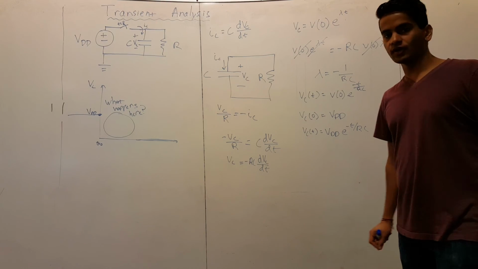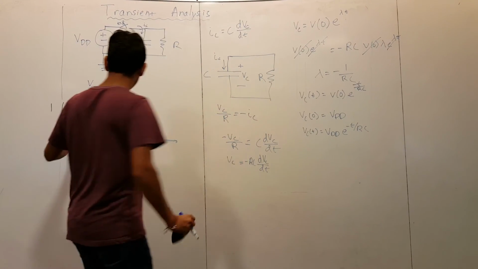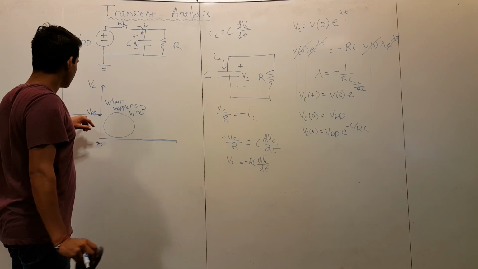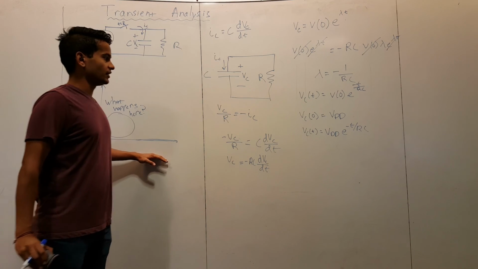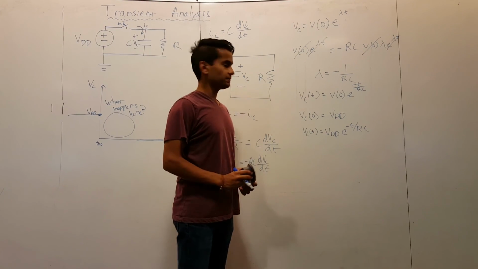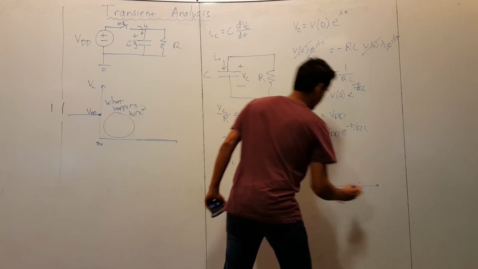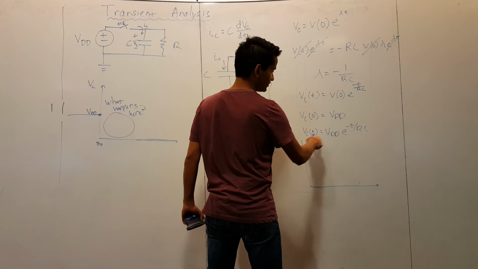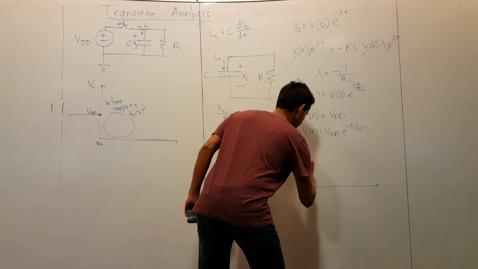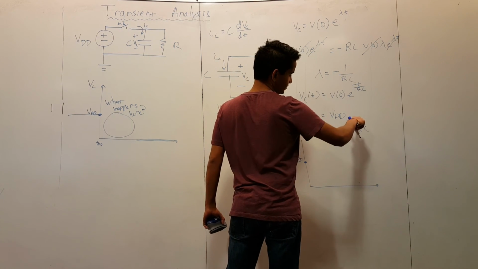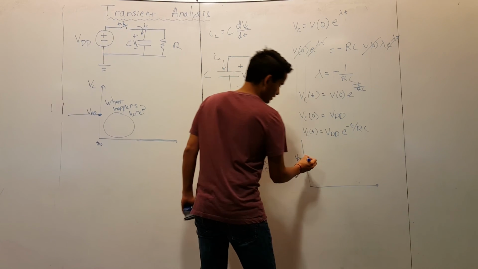Now for a quick sanity check. We said that intuitively we want it to start off at VDD and then end at 0. Does this satisfy that? Let's do a quick graph. At time t equal to 0, it starts off at VDD, check, because e to the 0 is 1, and therefore VC of 0 is just VDD.